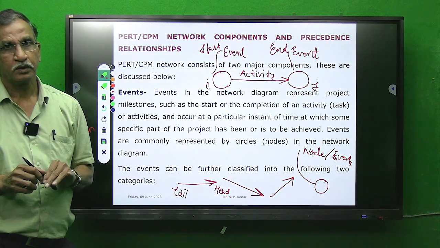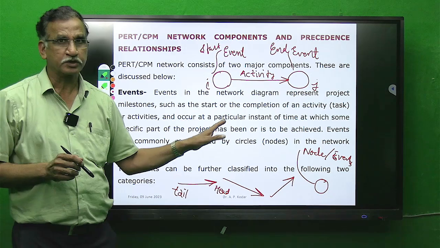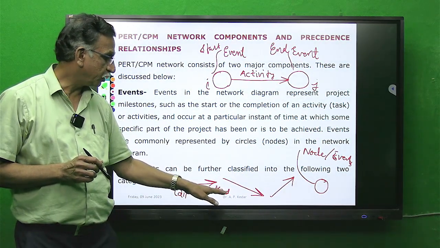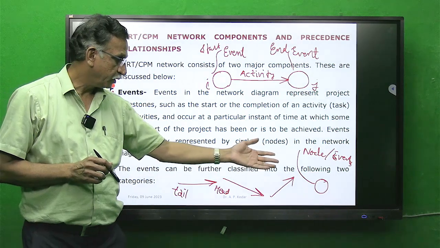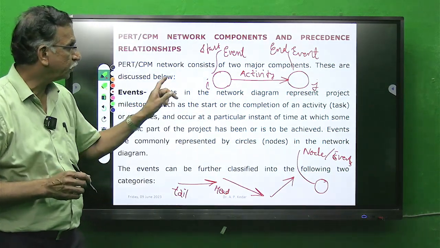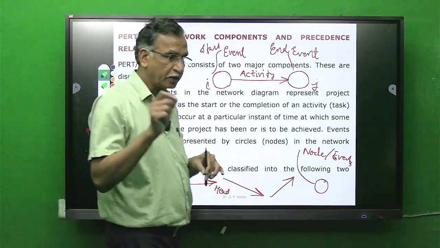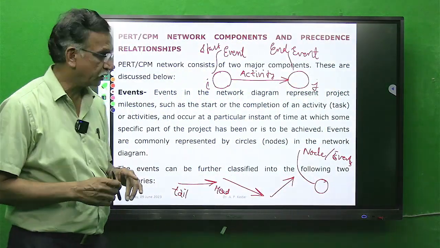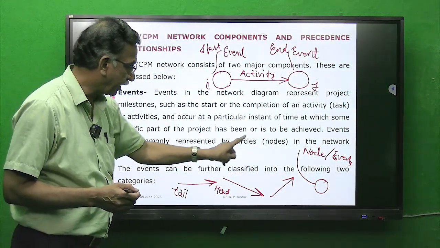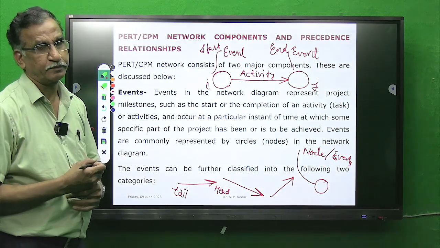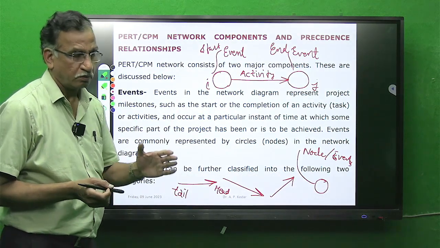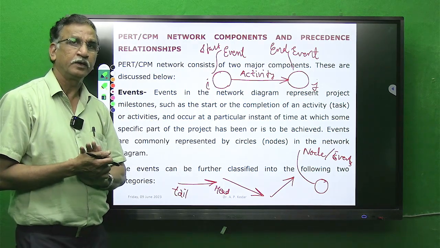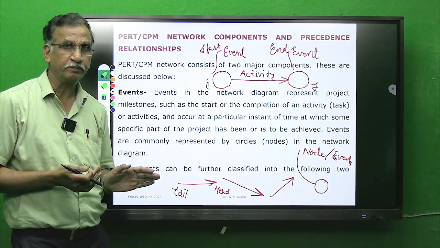There we will go for the aspect of PERT or CPM. In both analyses, PERT and CPM, we will be considering activity as well as event. The methodology for finding the timing of the project in both cases is the same.